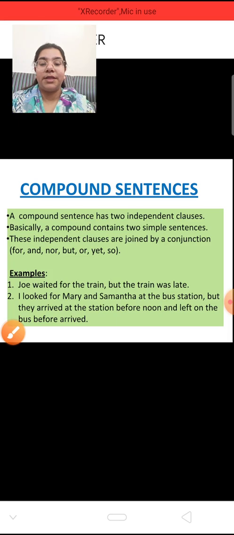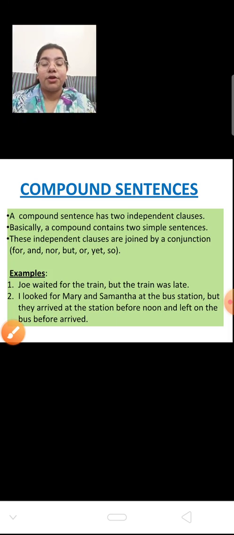Compound always means a mixture of things. That is known as compound. So a compound sentence means two main clauses are joined together to form a compound sentence, or even more than two main clauses are joined together to form a compound sentence.